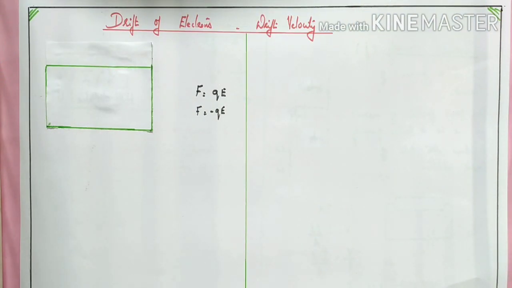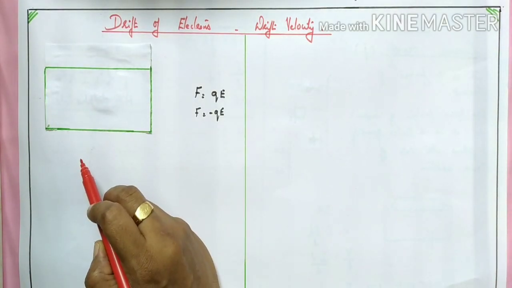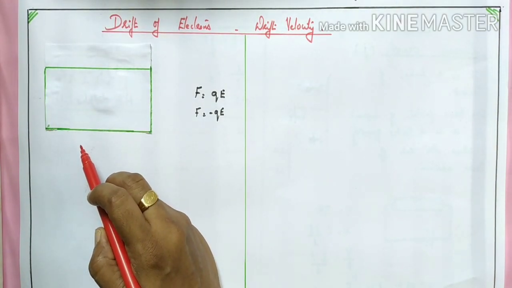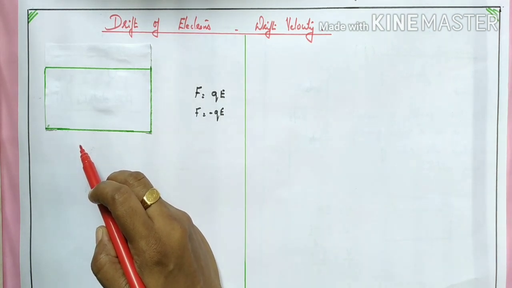Now we are going to study the property which is responsible for electric current inside a conductor, and that property is called drift velocity. Consider a conductor. Inside the conductor, the electrons are moving in random directions due to thermal velocities.